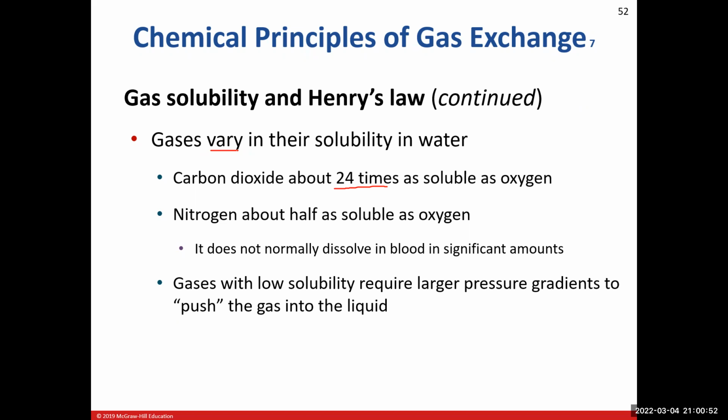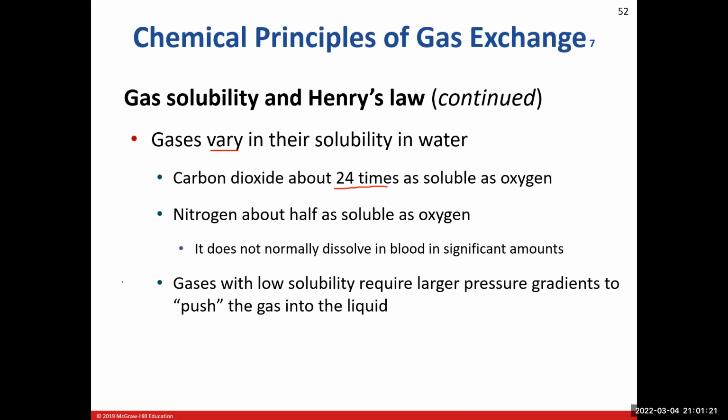Carbon dioxide, for example, goes into water way better than oxygen does. Nitrogen is horrible. And that's the problem with nitrogen, because the majority of our atmosphere is made up of nitrogen, and it does not dissolve into our blood as well as carbon dioxide or oxygen does.